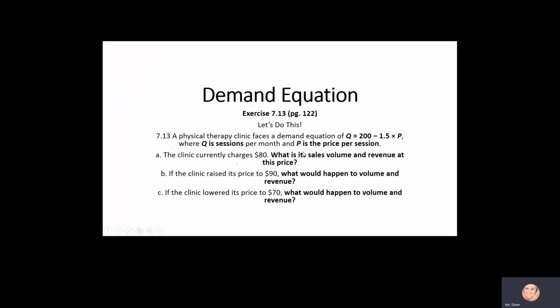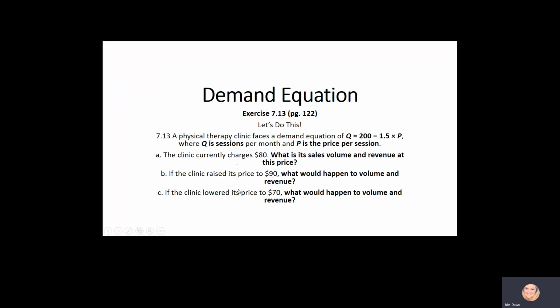But we're working a little bit differently here because we're not doing straight how many sessions times the price. This is because it's called a demand equation. For the demand equation, they give you the equation: Q, or quantity, or sessions in this case, equals 200 minus 1.5 times the price.